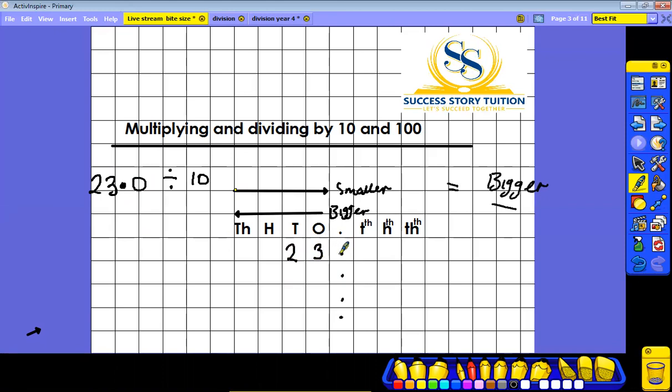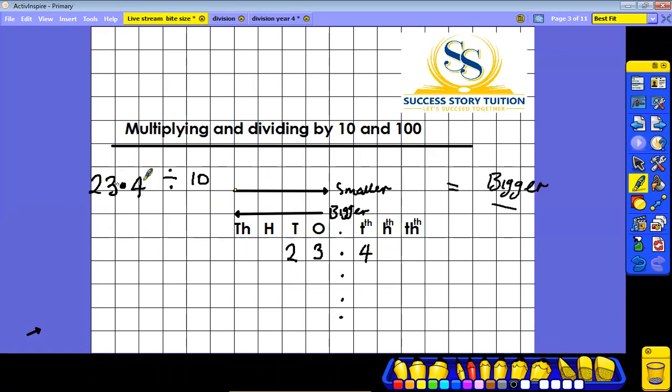Point, remember our decimal point, just like we've got here. And we're going to represent our 0. You know what, just to make it even more fun, I'm going to change this 0 into a different digit. Let's say 4. So we have 23.4. Now let's jump right straight to it.